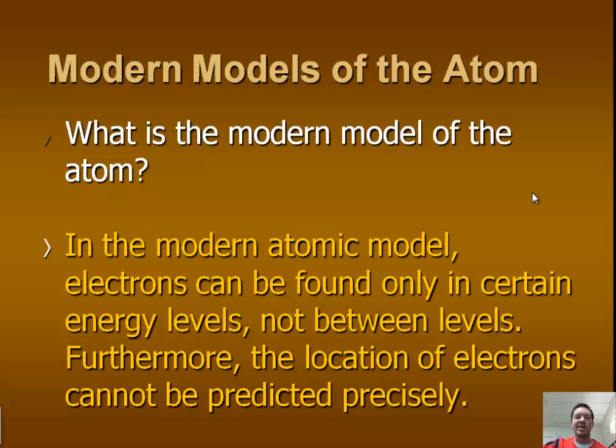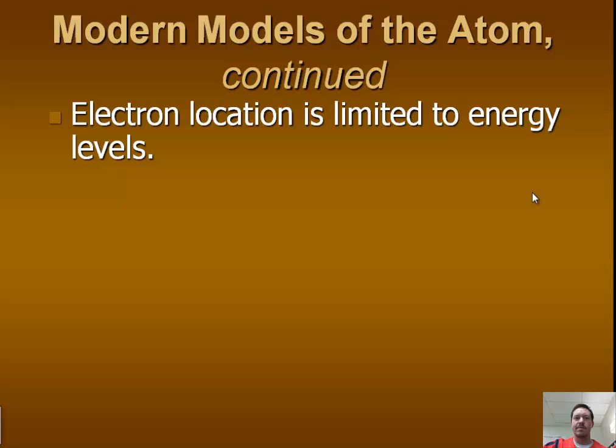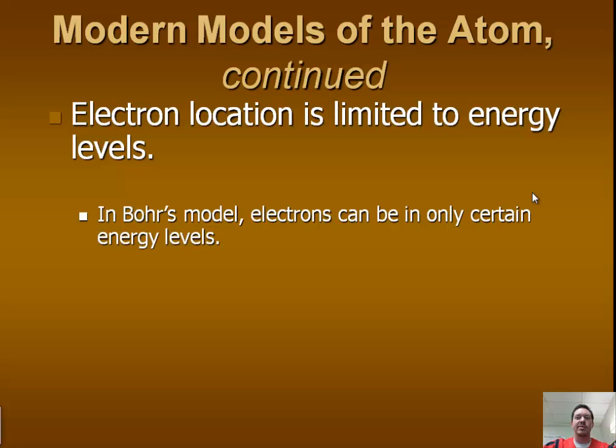So we have an idea of where we can find electrons, but we're not going to be able to find an electron exactly. Electron location is limited to energy levels. So an atom has so many energy levels, and how many electrons that atom has will depend on how many electrons and energy levels it has.